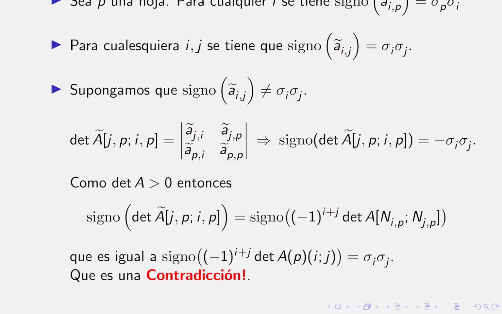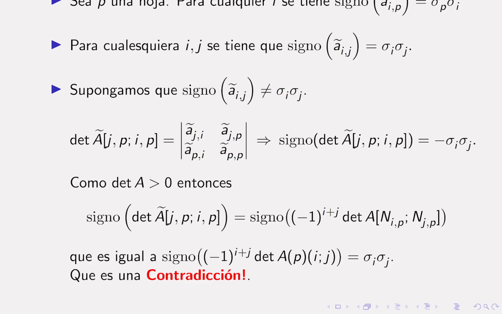So what is the sign of this? Well, because we don't have the P in our set, this is the determinant of AP ij. We are removing two elements, but in this case both are P, so we can have the submatrix AP. This matrix satisfies the condition of the problem, which means that its determinant has the right sign, sigma I, sigma j.